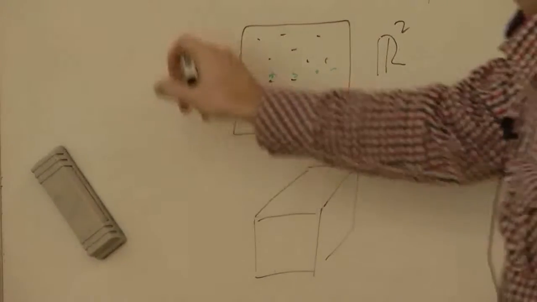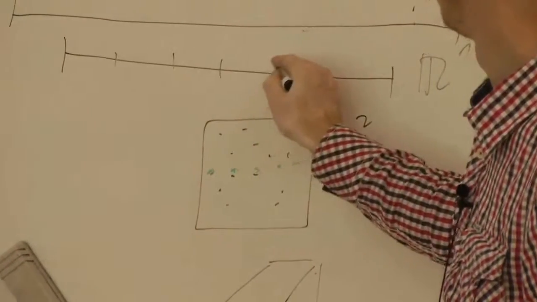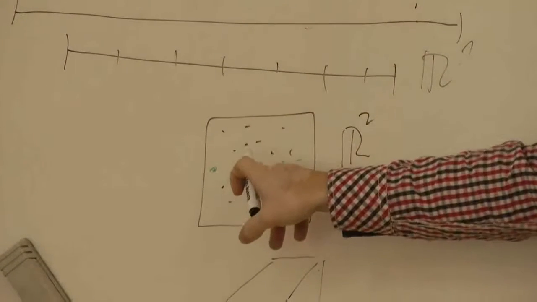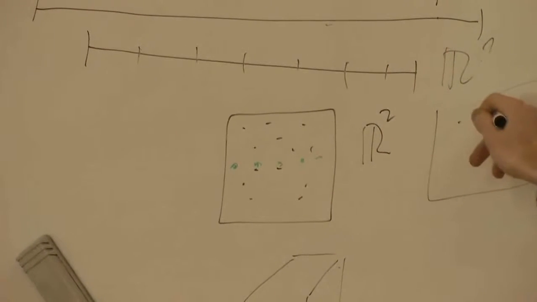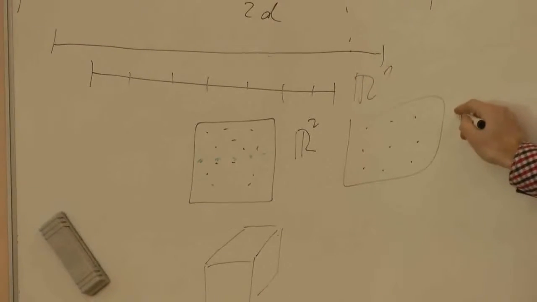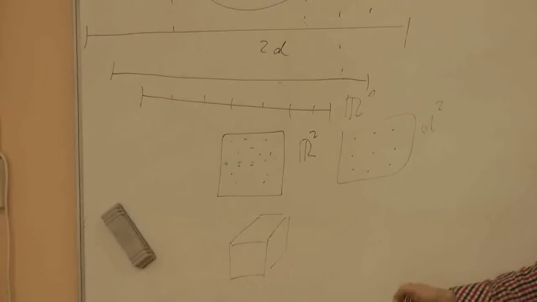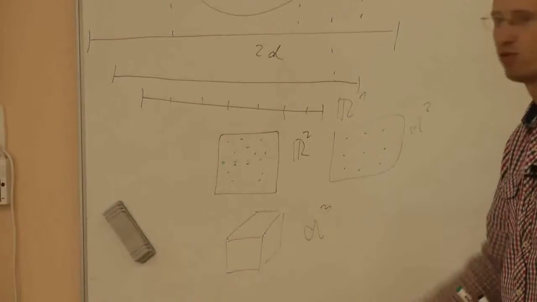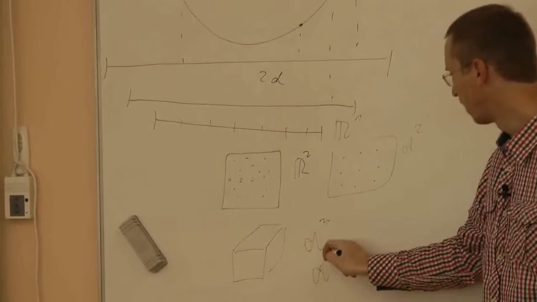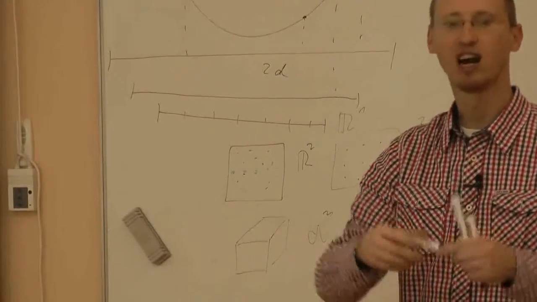What I mean by that is if this is 1D, then a uniform sampling would be like this, so the distance between each of these points is the same. A uniform sampling here would be, again, uniform distances. And here we have d squared of them, where d is the required number of points. Here it's d to the power of 3. And for 10 variables, it's d to the power of 10 samples that we need to generate in each box to have good coverage.